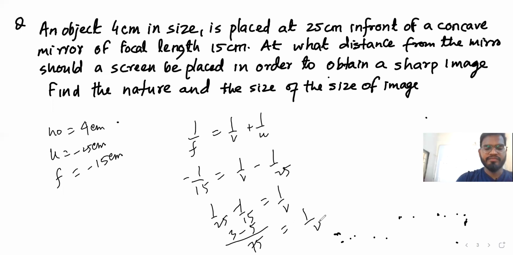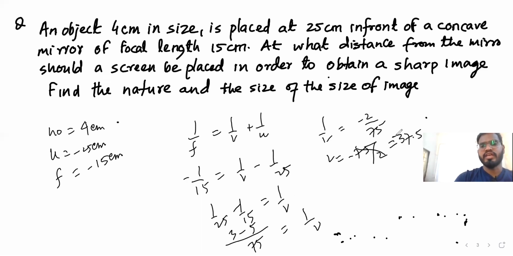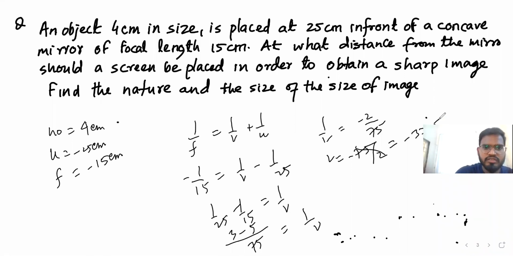So it is going to be 1 by V. So now we can say minus 2 by 75, 1 by V is equal to minus 2 by 75. So V is equal to minus 75 by 2, so minus 37.5. So we got V as minus 37.5.